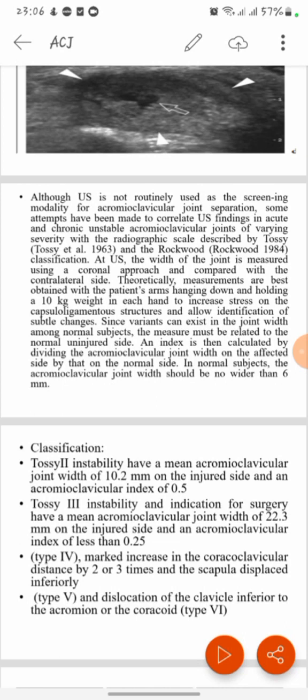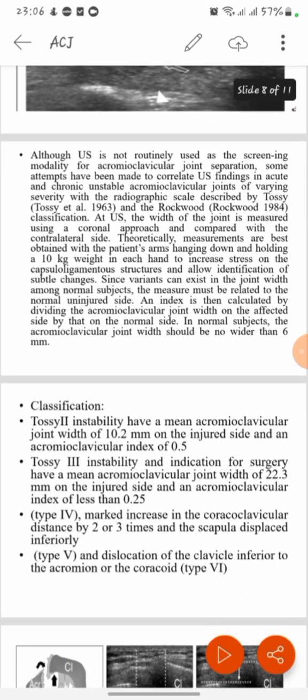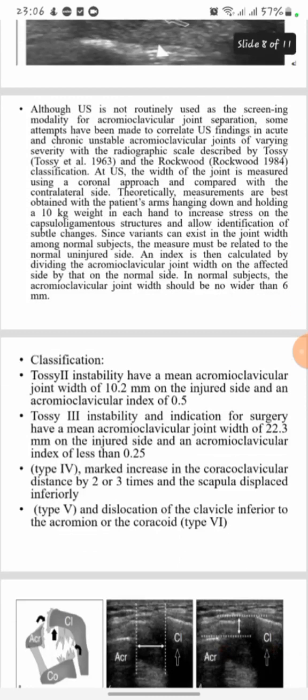The measurement must be taken on the normal and injured side, and the index is then calculated by dividing the acromioclavicular joint width on the affected side by that on the normal side. That means I will divide the affected side over the normal side.